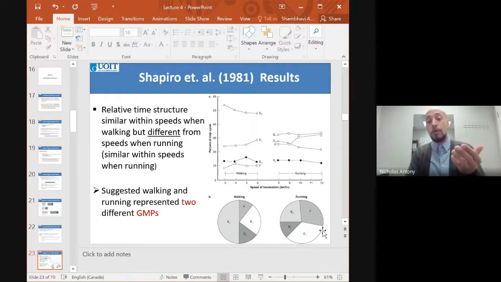So what would the motor program-based theory suggest? That walking and running are two different or the same motor program? Different. Do we all understand this term invariant features?